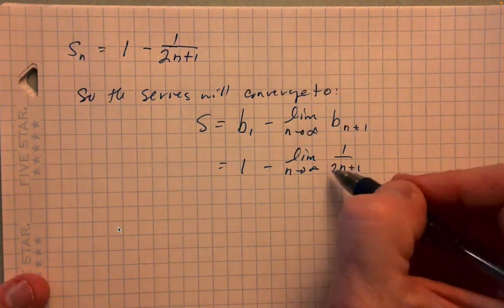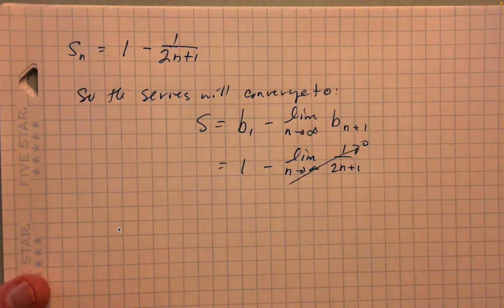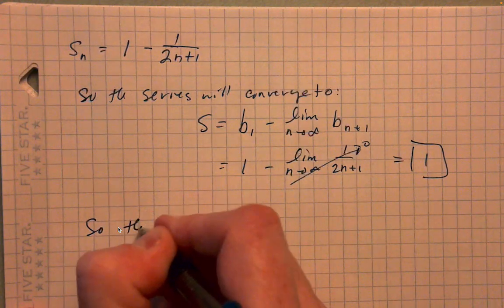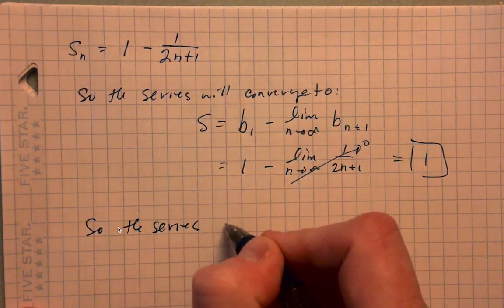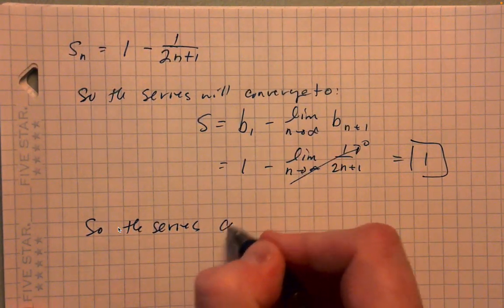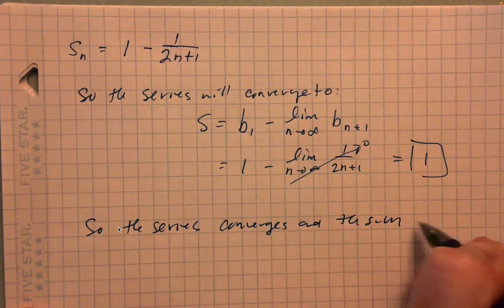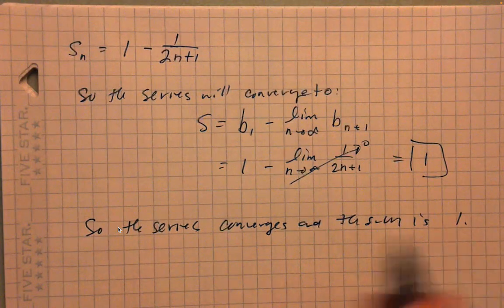Well, this will be 0, right? That's going to turn to 0, and so the whole thing is going to converge to 1. Right? So the series converges, and the sum is 1.